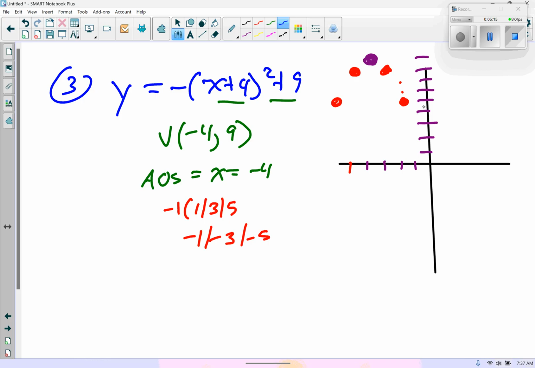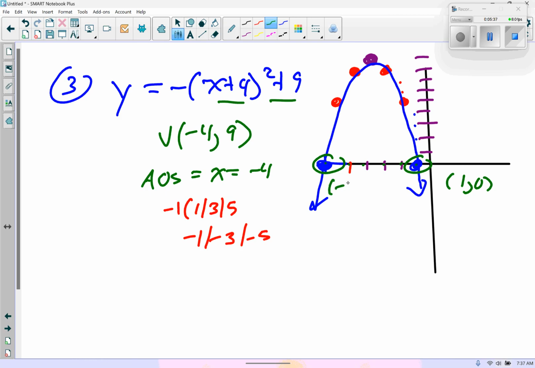We'll go right 1 down 5 and left 1 down 5. So here's our parabola. So because these dots fell right on the x-axis, I get 1 comma 0 and negative 1, negative 2, negative 3, negative 4, negative 5, negative 6, 0.